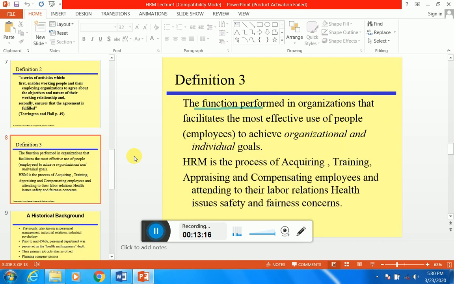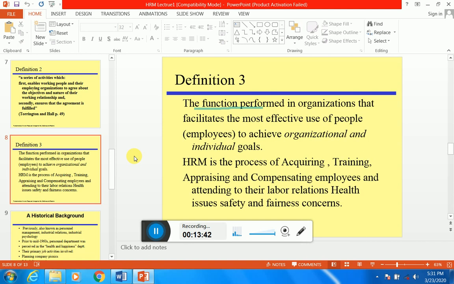The third definition: it is a function performed in organizations that facilitates the most effective use of people to achieve organizational and individual goals.